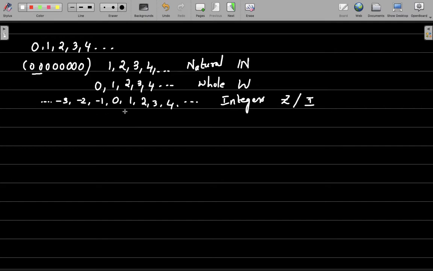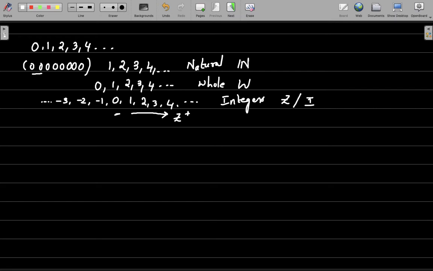So all these numbers which are positive, that is 1, 2, 3, 4, which lie to the right side of 0, are called as positive integers represented by Z plus with the plus in the superscript.